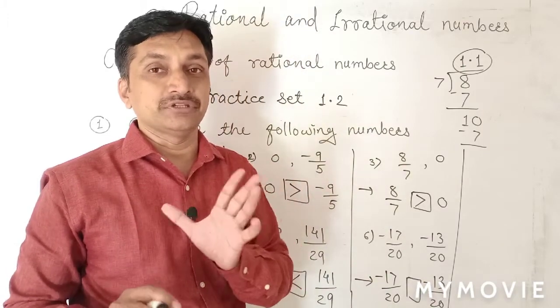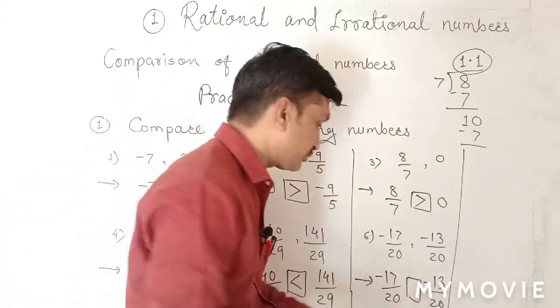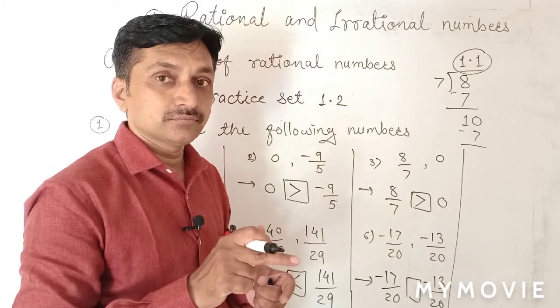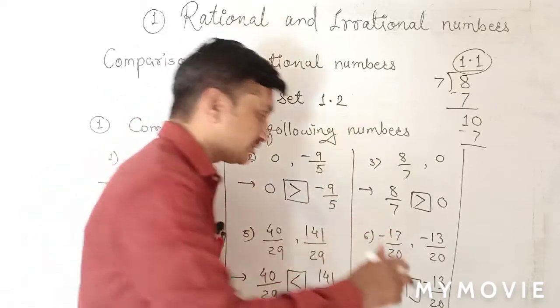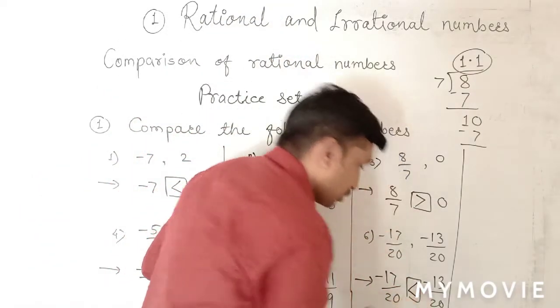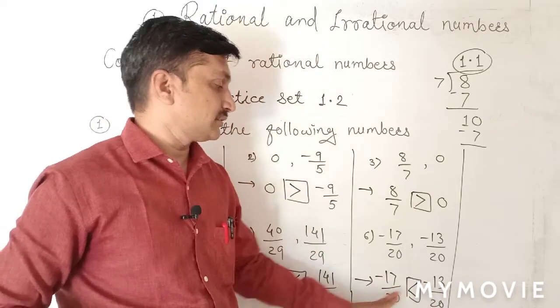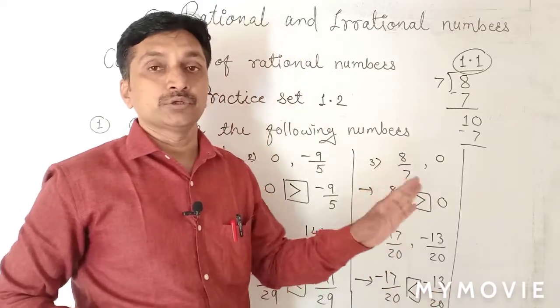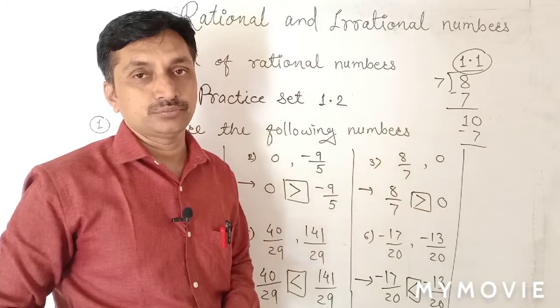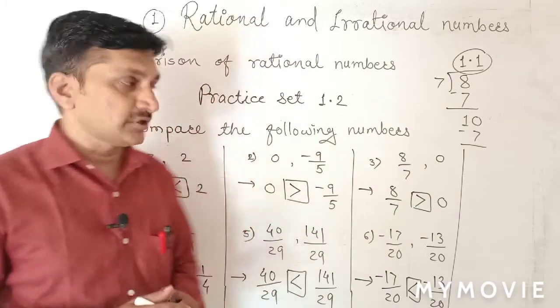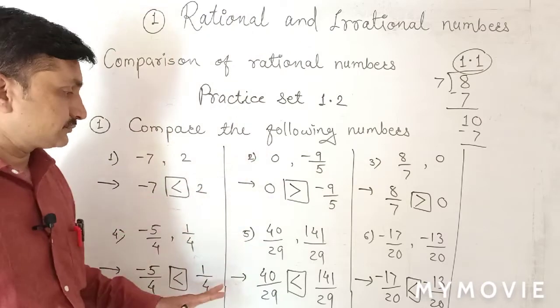Here minus 13 is smaller in magnitude, but opposite, minus 13 is greater. On the number line, minus 13 is greater than minus 17 because minus 13 is near or close to 0 than minus 17. In this way we can compare if such numbers are there.